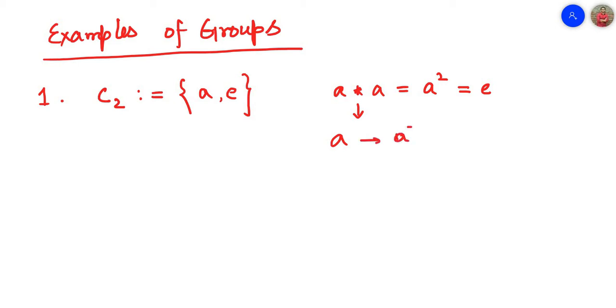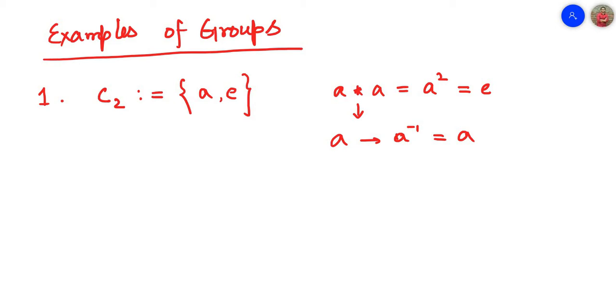So A inverse should mean A, because we know when one of the members of the group is multiplied with another member, and if the product gives us the identity, then the latter member must have been the inverse of the former one.